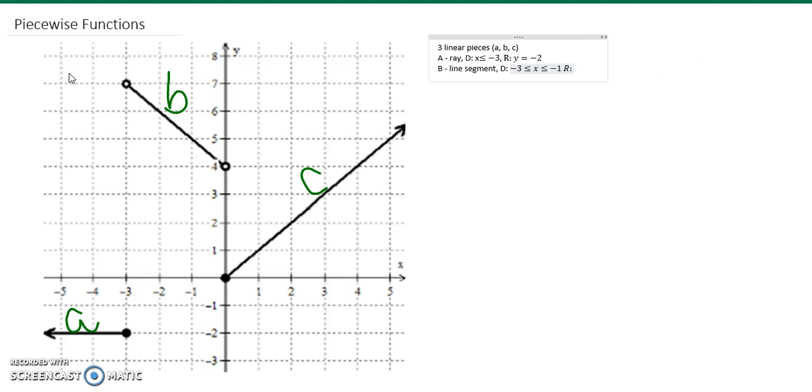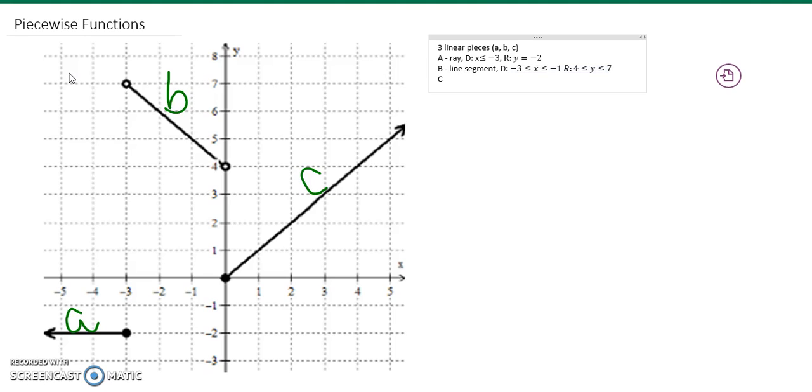The range is from 4 less than or equal to y, less than or equal to 7.